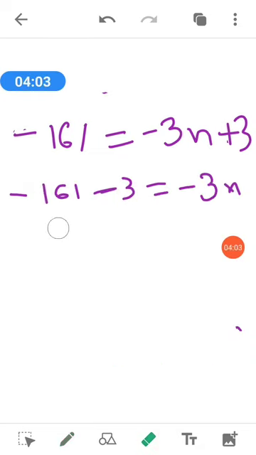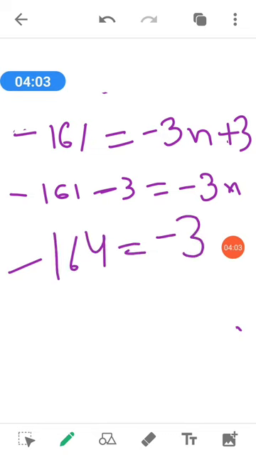So now it will be minus 164 equal to minus 3n.